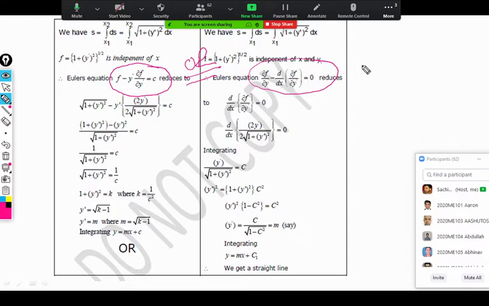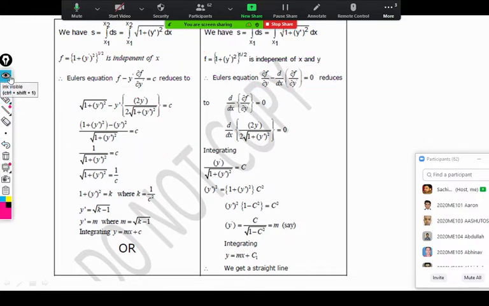But I generally suggest you use this method, because it is always the simpler method whenever the integrand f is free from x. So better you select f minus y dash into dou f by dou y dash is equal to constant whenever f is free from x. That is about the last example we did.